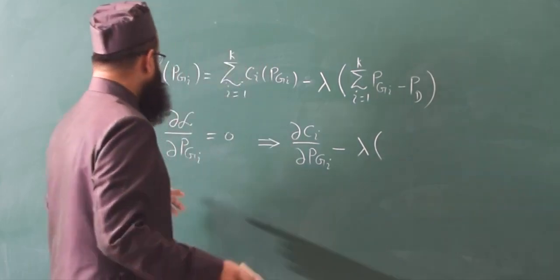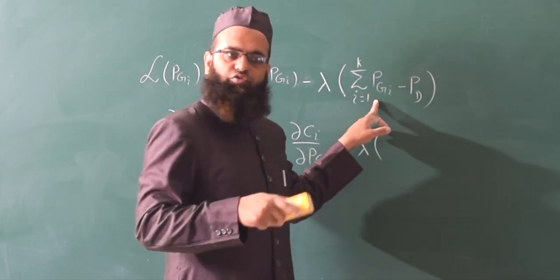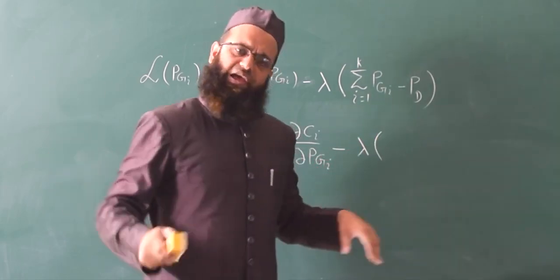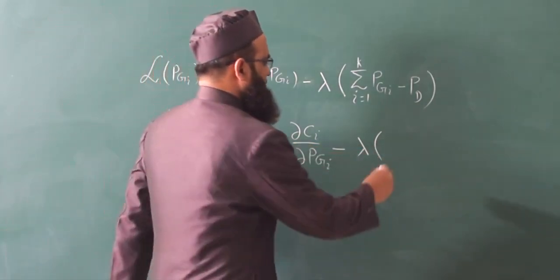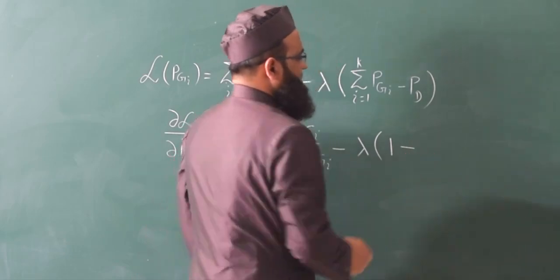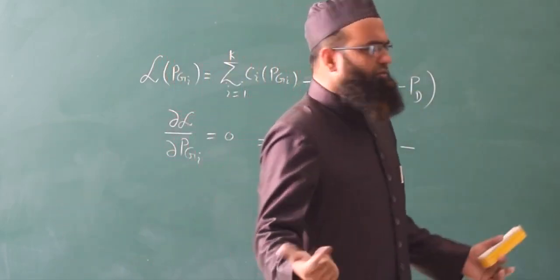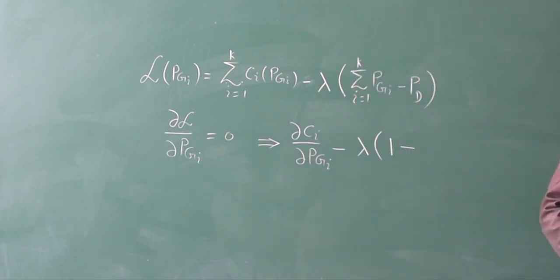Or take i equal to 2. Pg1 will be independent of Pg2, so 0. Pg2 will depend, that is 1 plus 0, 0, 0. Take any value of i, you will get here 1. So write here 1 minus, this is constant independent of Pgi. It doesn't matter for a demand from which unit how much you are generating.